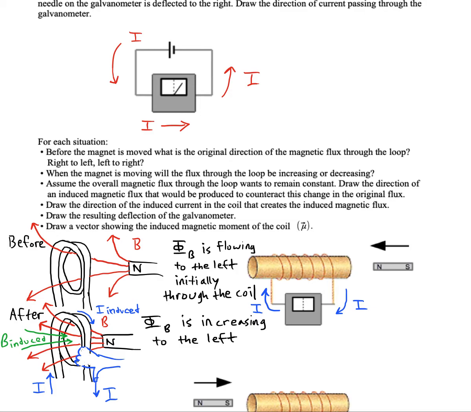This will cause the galvanometer needle to be deflected to the left, but only while the magnet is approaching. If the magnet remains stationary, then the current will cease and the galvanometer will not be deflected. We'll only see the deflection when the magnetic field through the loop is changing.